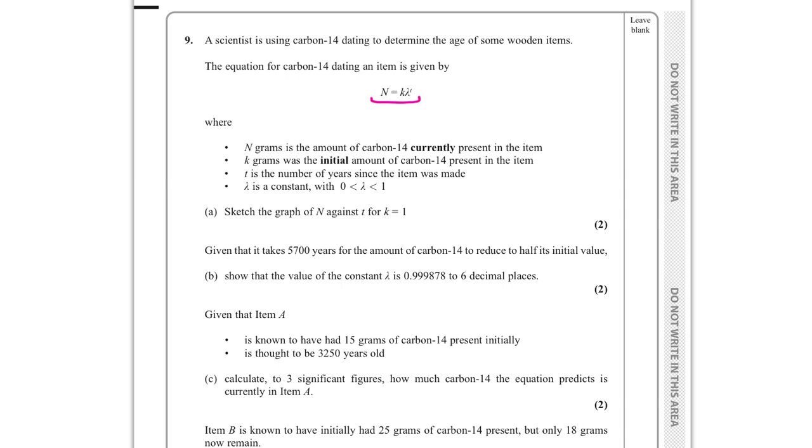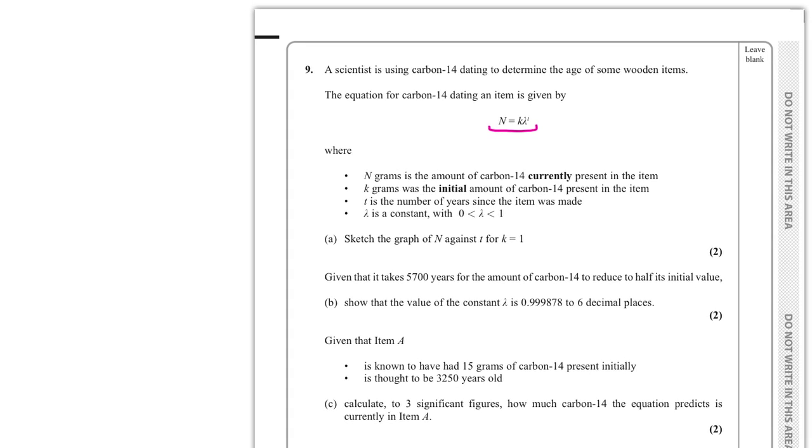Okay, so it doesn't really matter what type of graph this is. This is essentially any exponential graph, isn't it? Like y equals 2 to the x, or y equals e to the x. And what do we know about exponential graphs?